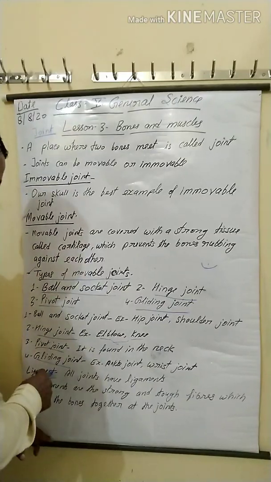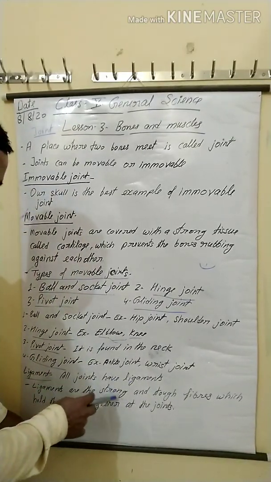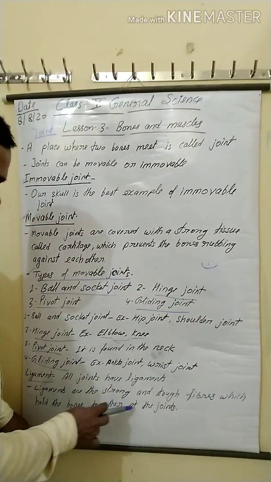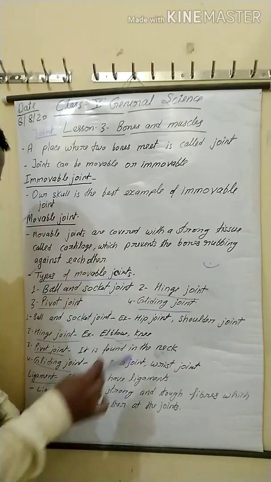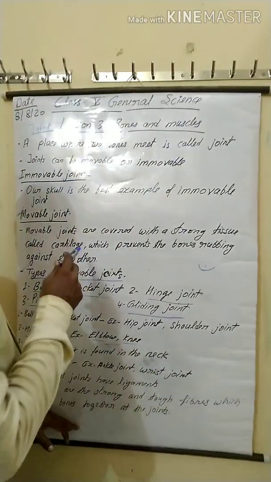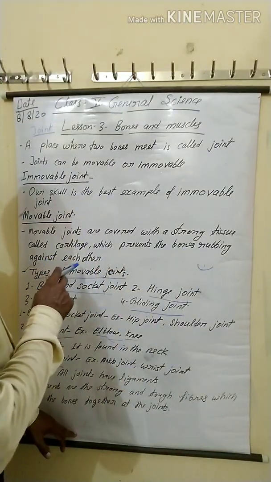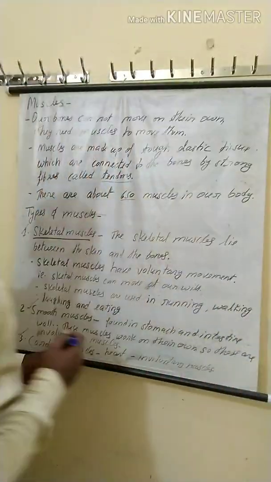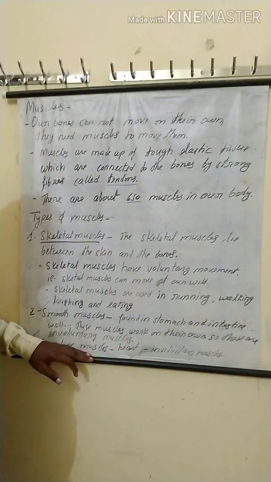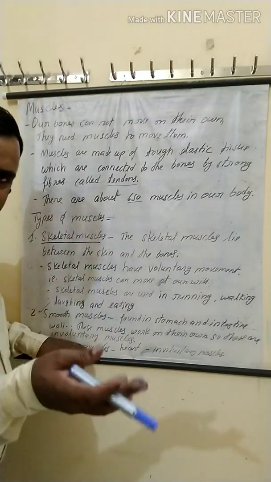Okay. On ligaments: all joints have ligaments. Ligaments are strong and tough fibers which hold the bones together at the joints. Cartilage between the bones stops them rubbing against each other. In our body, about 650 muscles are found, and tendons connect muscles to the bones.